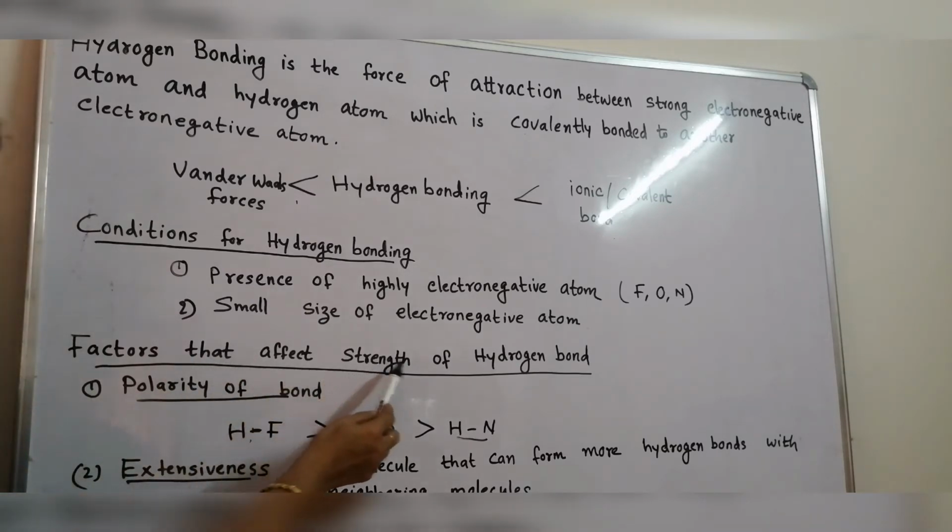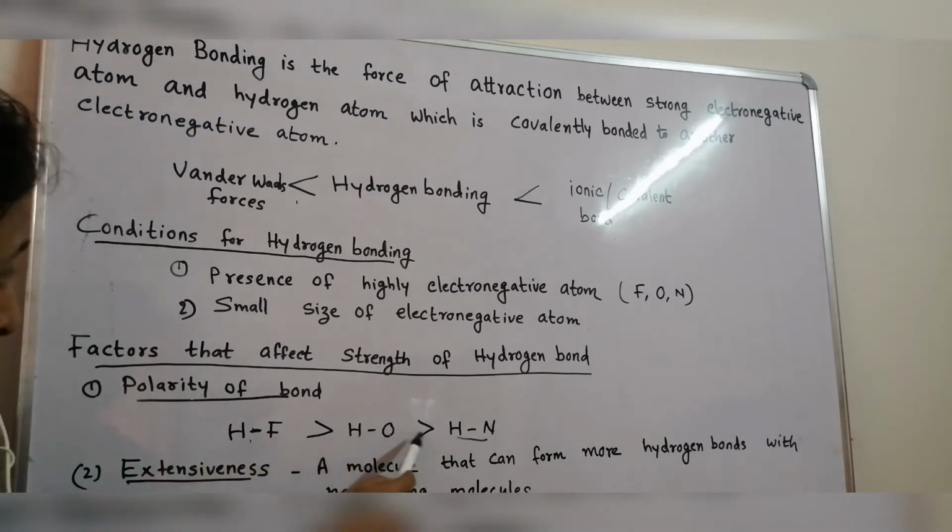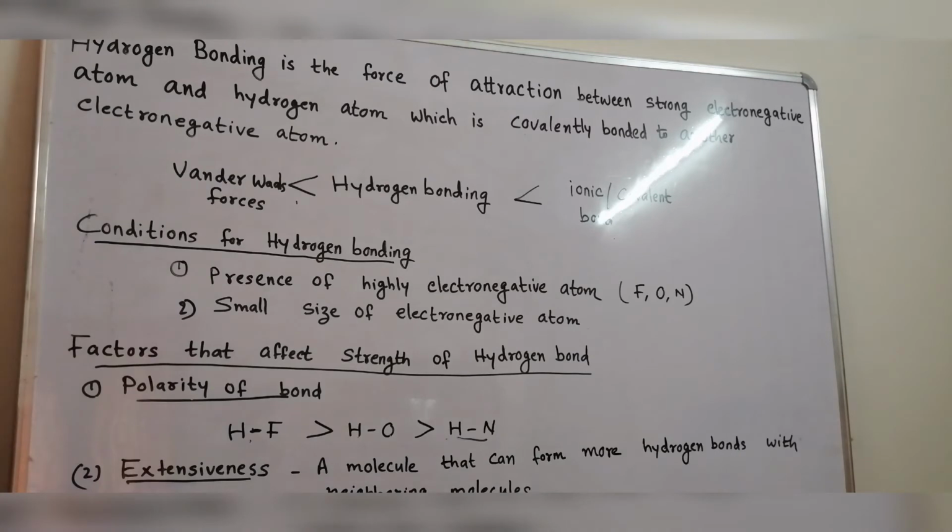Factors that affect the strength of hydrogen bond. Number 1, polarity of the bond. If we compare the molecules HF, HO and HN, HF is the most polar because there is a high electronegativity difference.